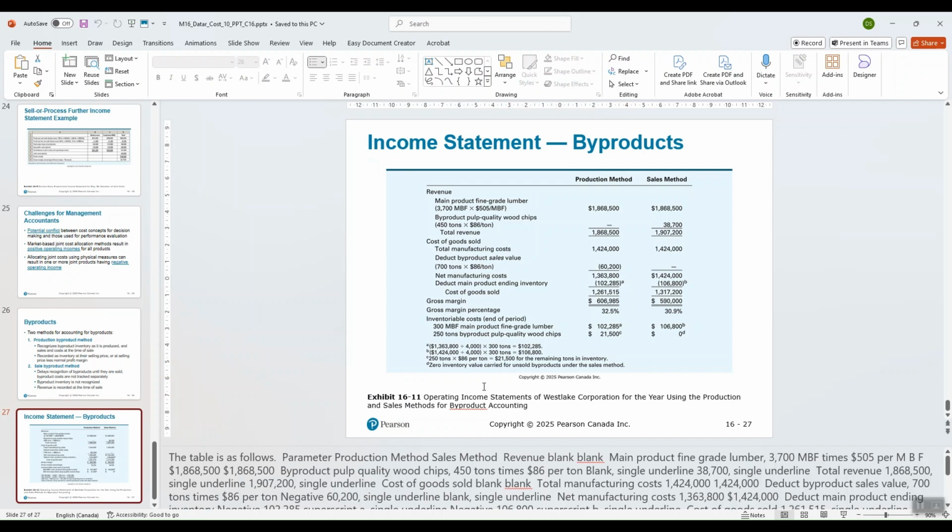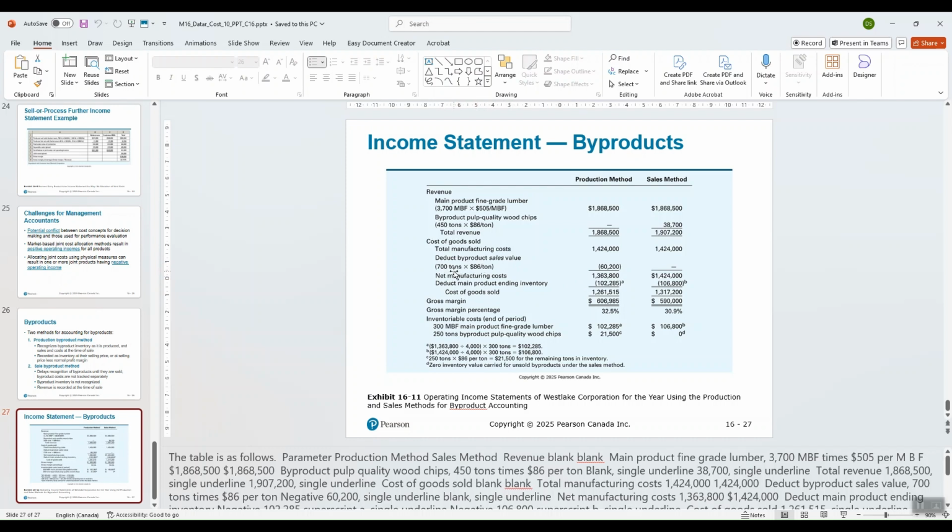So here is the last slide that we have that demonstrates both the methods for byproduct. In this example, in the production line, we have the sale of the main product that stays here. And then when we have the byproduct, here is the value for the byproduct. So deduct byproduct of volume.